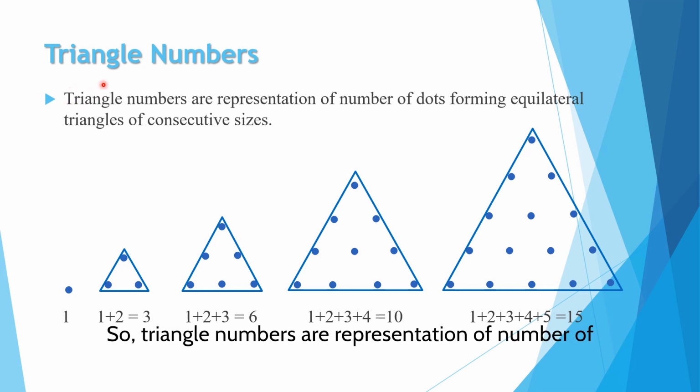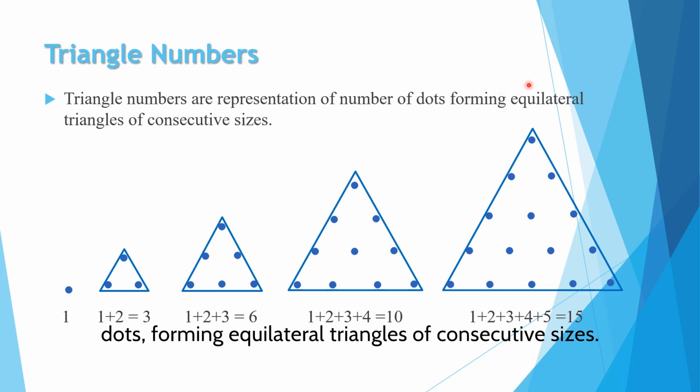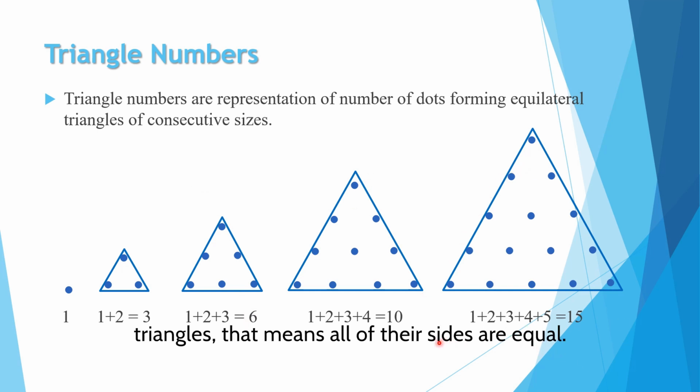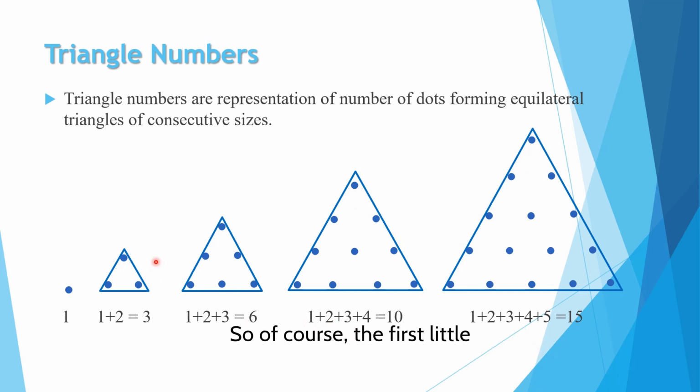So triangle numbers are representations of the number of dots forming equilateral triangles of consecutive sizes. So what does that mean? Let's say we try to draw a few equilateral triangles, that means all of the sides are equal. So of course the first little triangle only contains 1 dot.